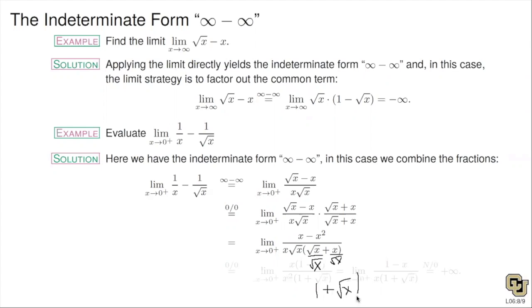And on the outside, I'm going to have a root x that I factored out, but I already have these two terms there as well. So I have a root x and an x. So these two root x's combined, root x times root x becomes x, and then x times x becomes x squared.